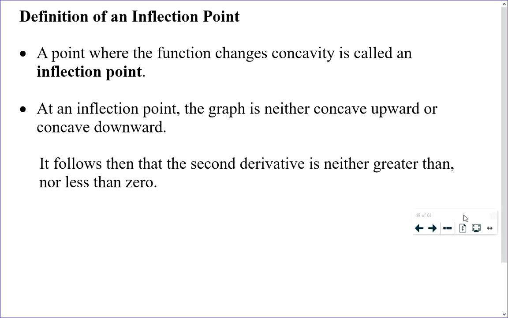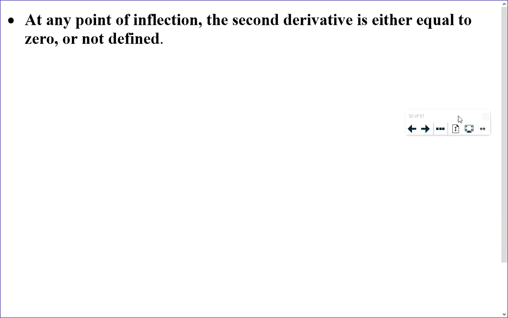And where I'm going with this is that at these inflection points, a second derivative is not positive or not negative. That's it, which means it could be anything else. It could be zero or it could be undefined. And at any point of inflection, the second derivative will be equal to zero or it will not be defined, one or the other. Much like at max-min points, the first derivative is either zero or undefined.